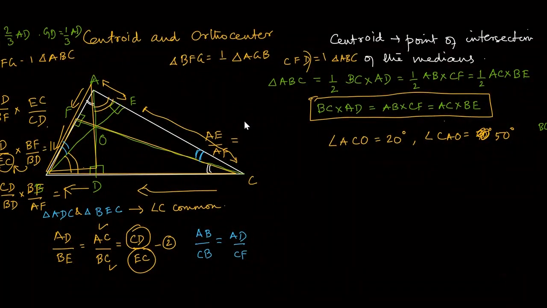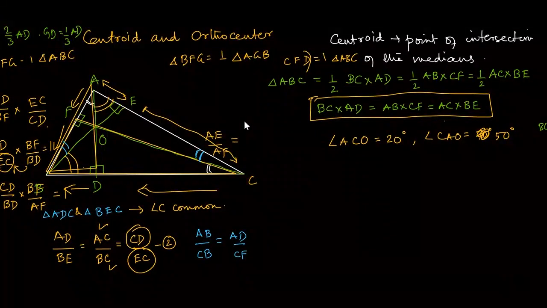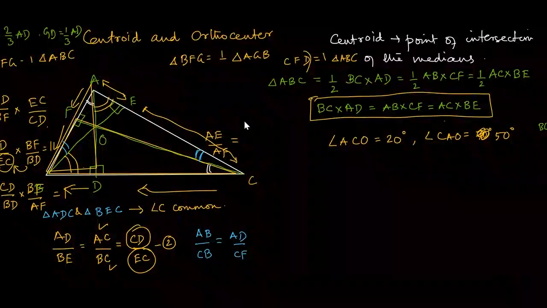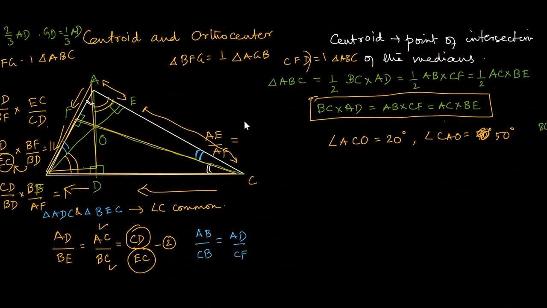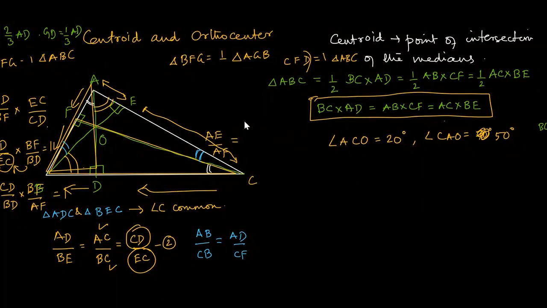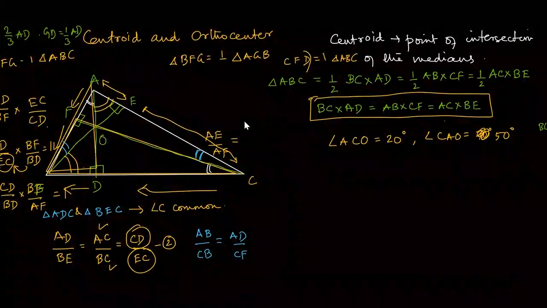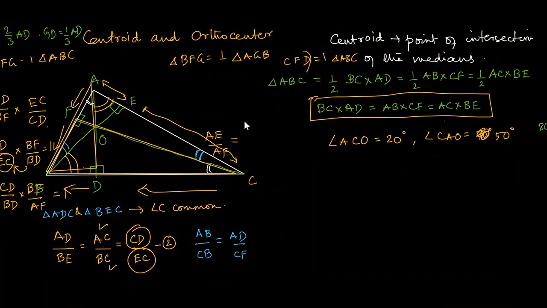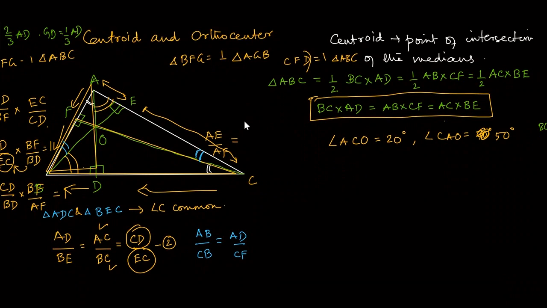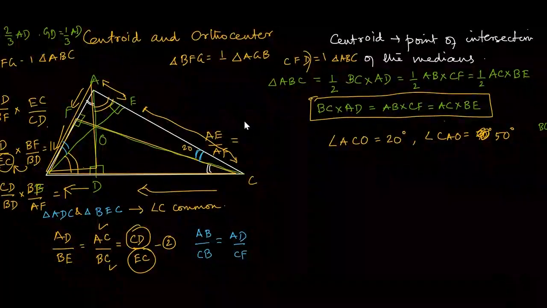So angle ABE will also be 20. Right. Angle EBC will be 50. So ACO is given 20, so this becomes 20.